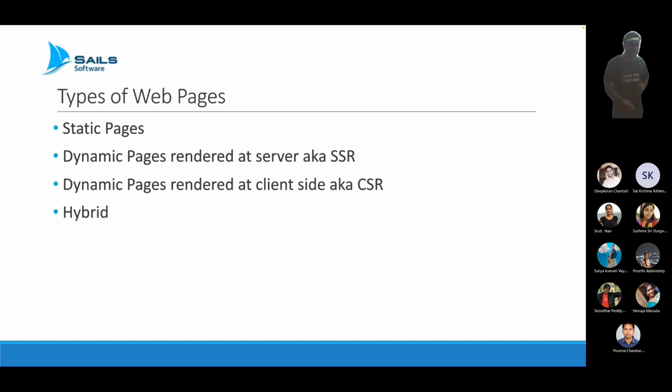We just get the data and render, let's say, only the table we want to update. So these are the different types of serving mechanism for web pages: static, server side, client side, and we have something called hybrid, which we will discuss further.